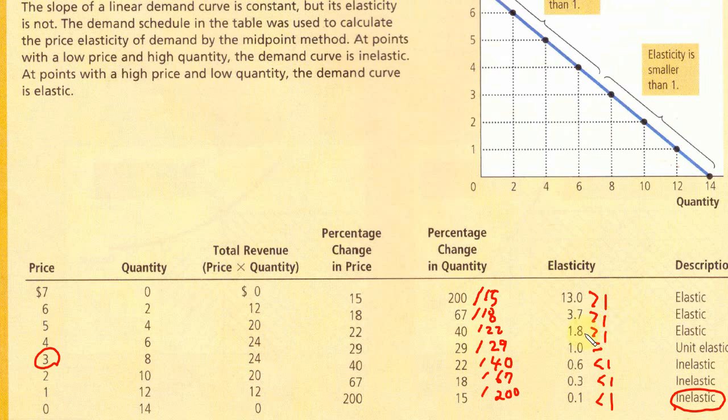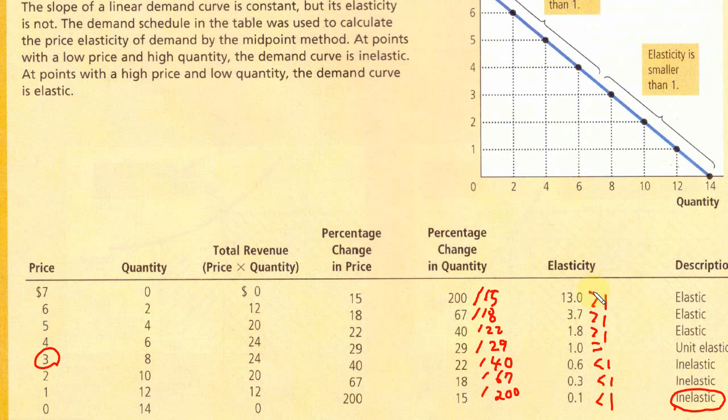So the demand is elastic, meaning that once the price goes up, the quantity demanded goes down bigger than at a lower price.